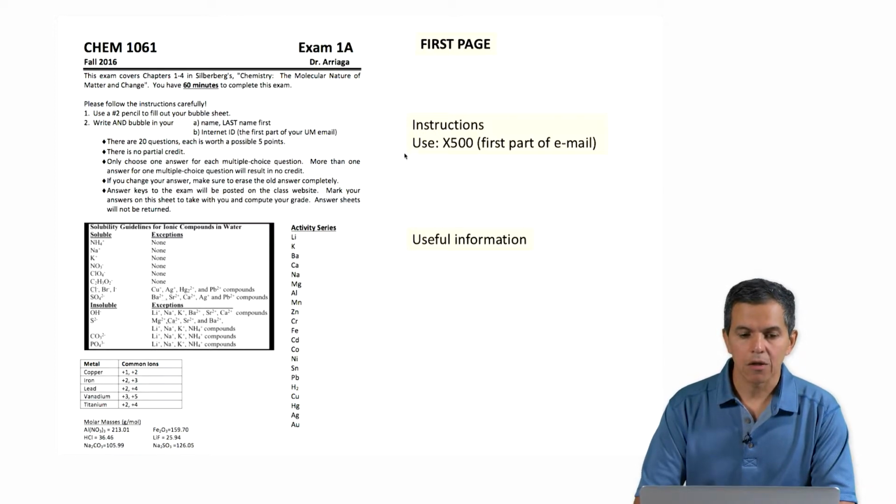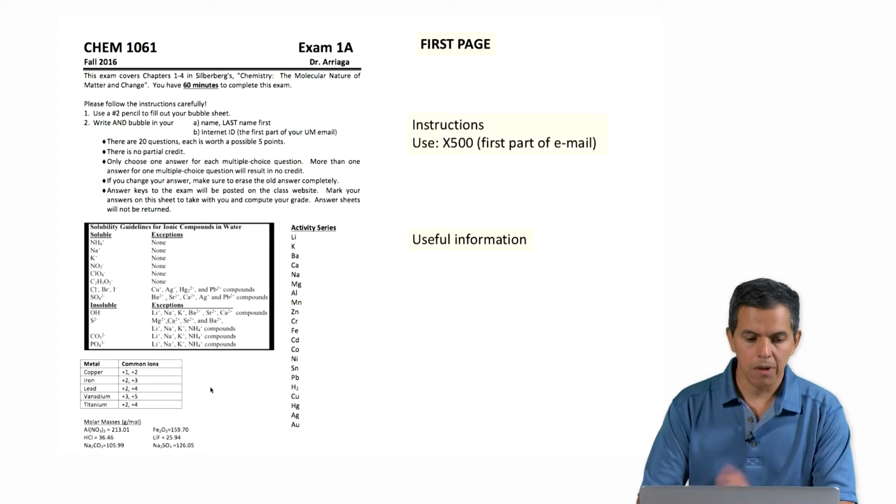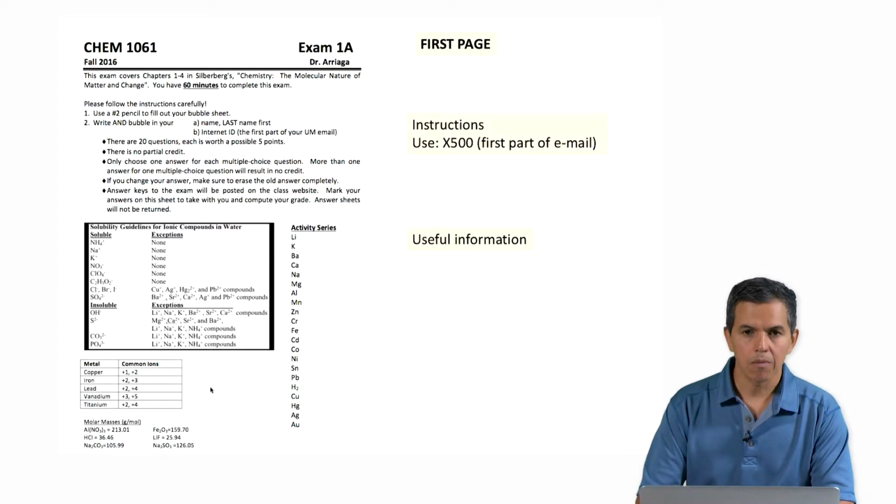Make sure that you are familiar with your X500, which is the first part of your email. The second part of this first page is useful information that consists of tables such as the solubility products, the activity series, some common ions, and even some molecular weights. Not included in this first page are common formulas that could help you solve some of the problems as well.